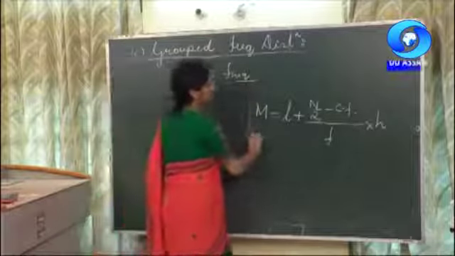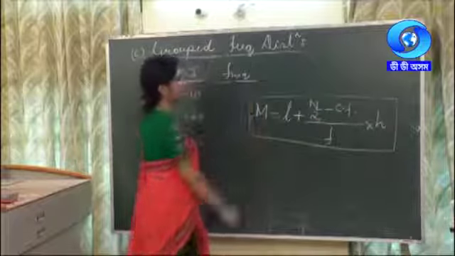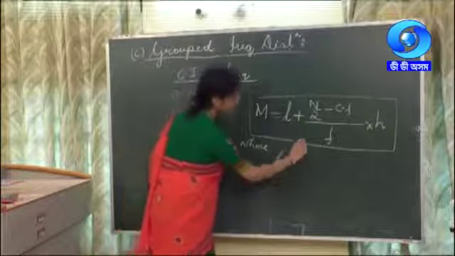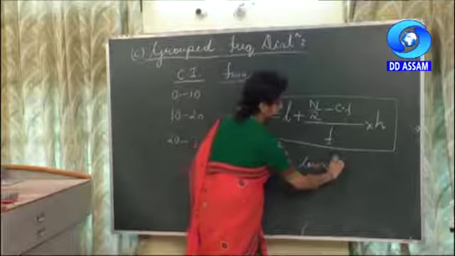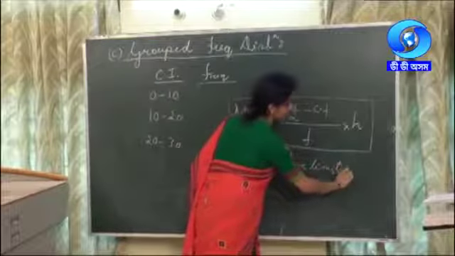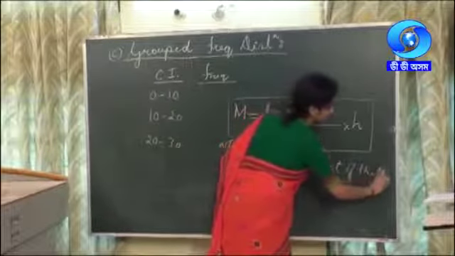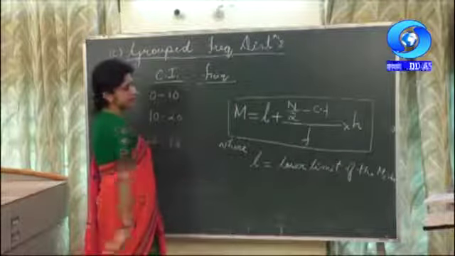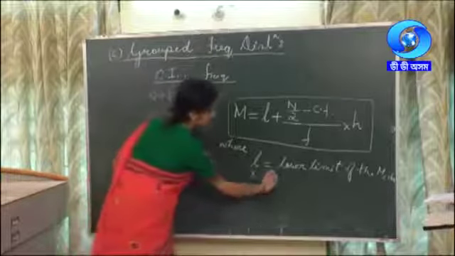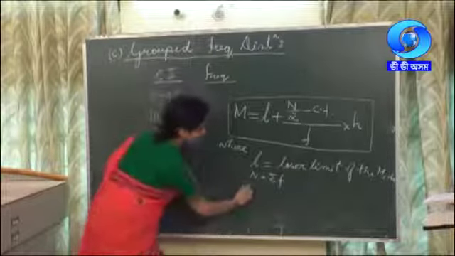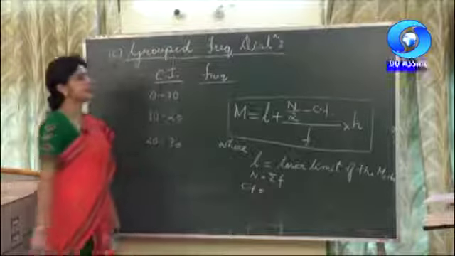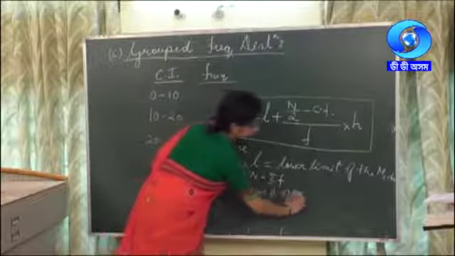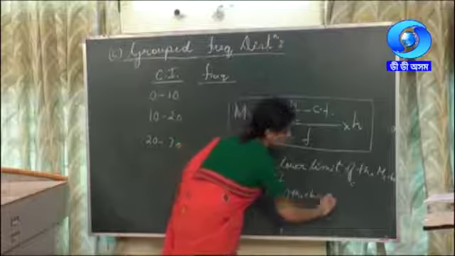Alright, this is the formula for finding median in case of a group frequency distribution where L is the lower limit of the median class. N we already know, N is nothing but summation F. What is CF here? CF refers to the cumulative frequency of the class preceding the median class.